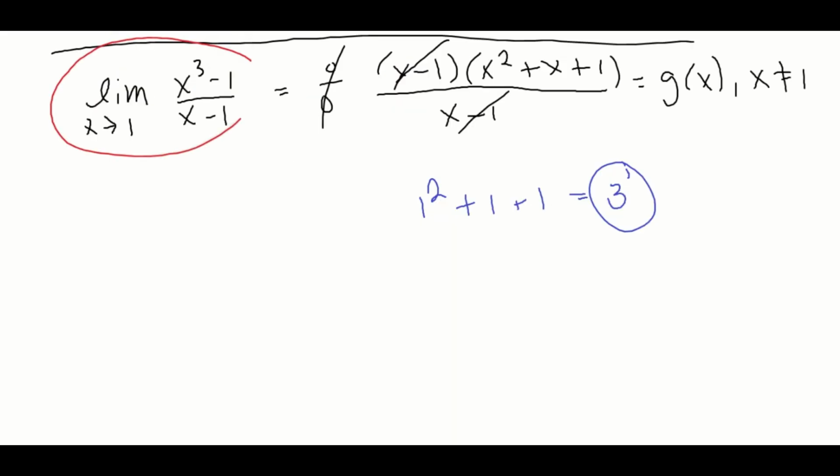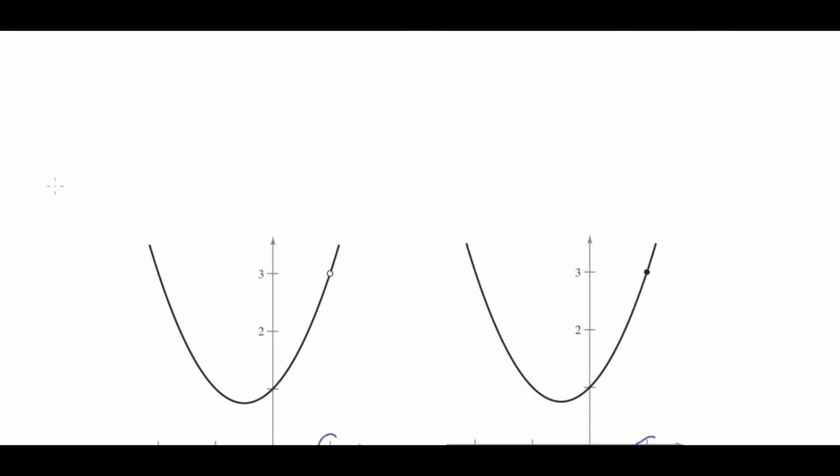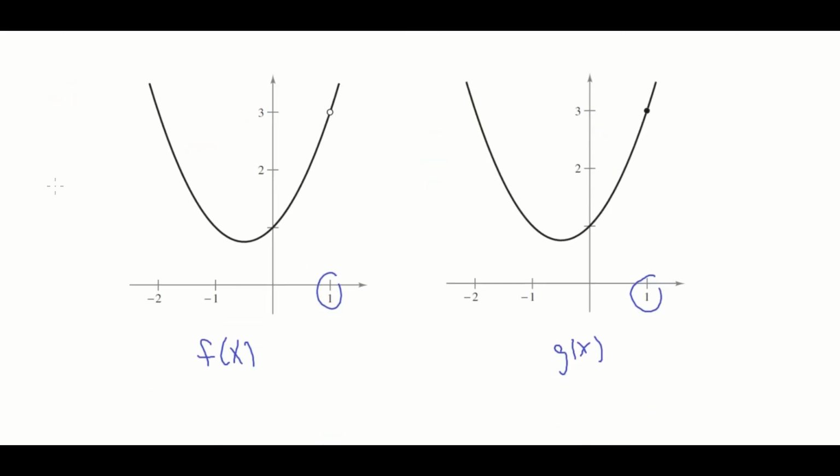You might be wondering, well, couldn't we have graphed our original f of x function and we could have avoided all of this? Because from the graph, you could see that as x approaches 1, the function approaches 3. So you're right, we can use graphs to reinforce our calculations when using this method.